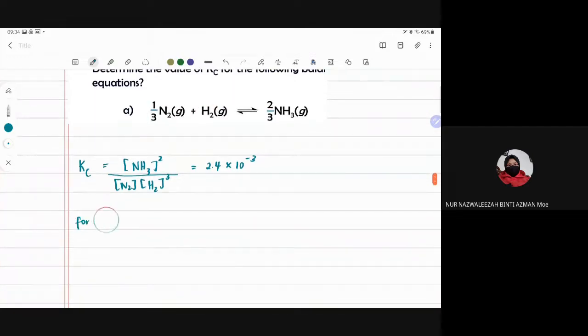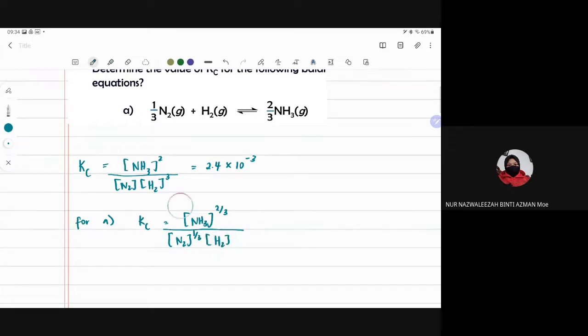For A, Kc dia bersamaan dengan concentration of NH3 to the power of 2/3 bahagikan dengan concentration of N2 to the power of 1/3 multiplied by concentration of H2.